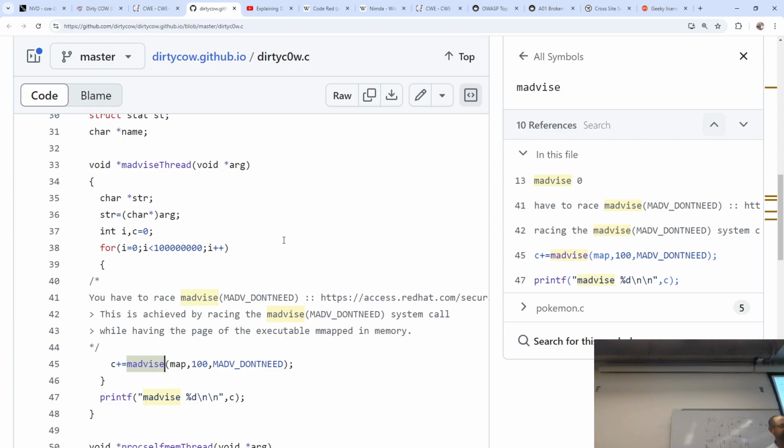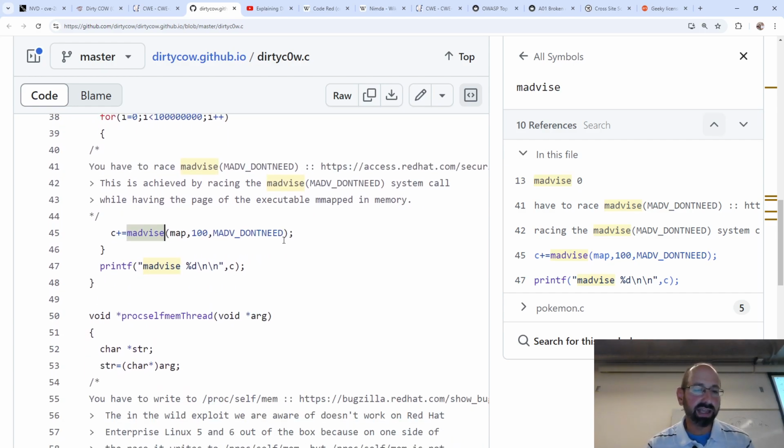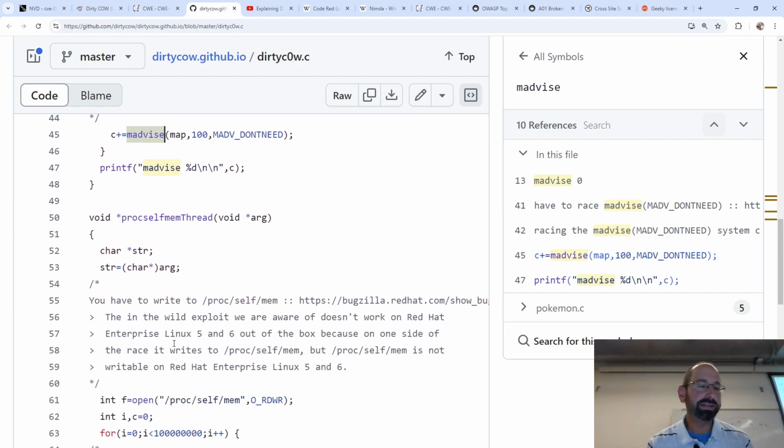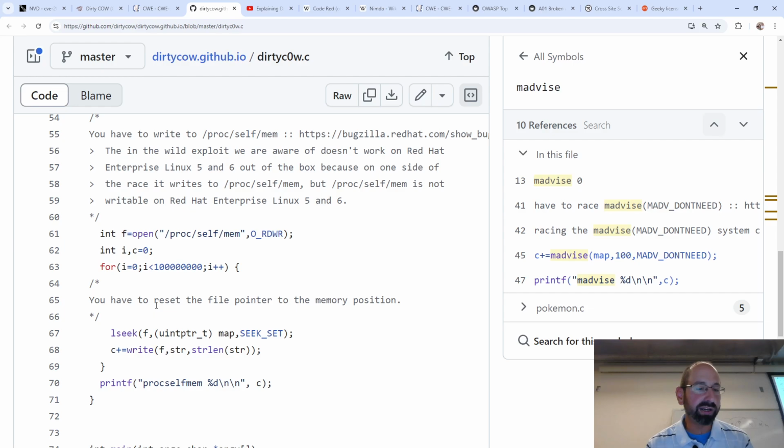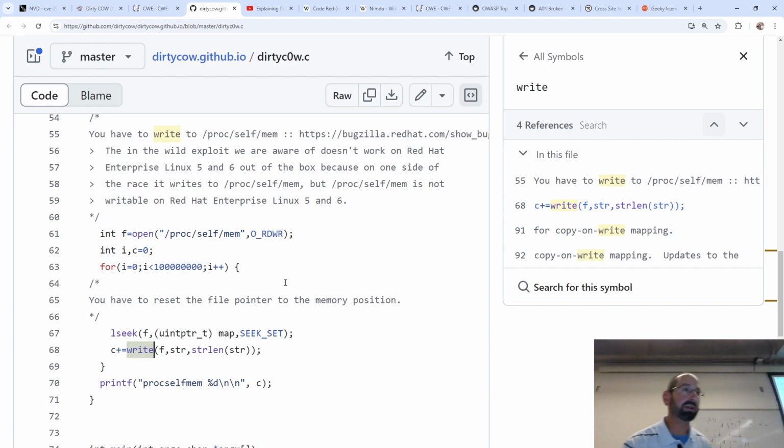Just delete it, just delete it, just delete it. And the other thread is saying, hey, that region of memory that I'm interested in, and it's the same region of memory we're talking about, write this string to it, write this string to it, write this string to it.